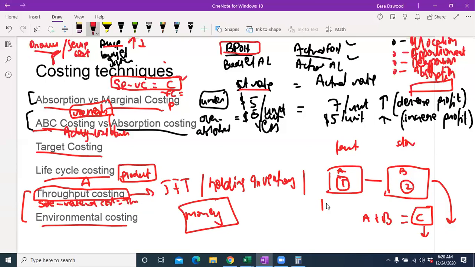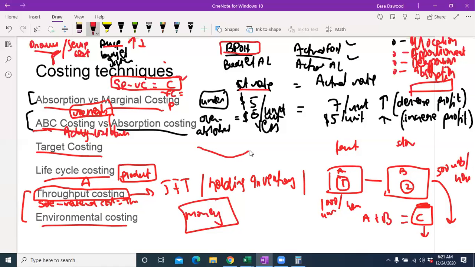This has a manufacturing capacity of 1,000 units per hour, but this has a manufacturing capacity of, for example, 500 units per hour. So I can have as many of A, but if I won't get B, definitely my product C won't take place. So it believes in throughput. If we are going to increase our throughput, we are going to remove the bottlenecks.